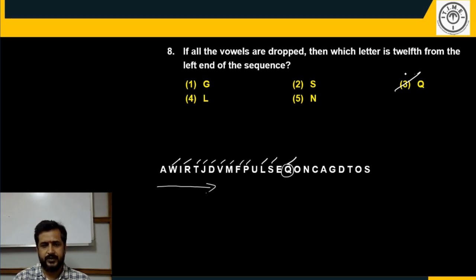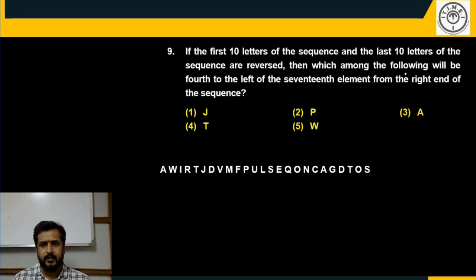Okay. Now move to the next question. If the first 10 letters of the sequence and the last 10 letters of the sequence are reversed, then which among the following is 4th to the left of 17th element from the right hand of the sequence? So first 10 elements and last 10 elements are reversed, meaning you have to count the total number of elements.